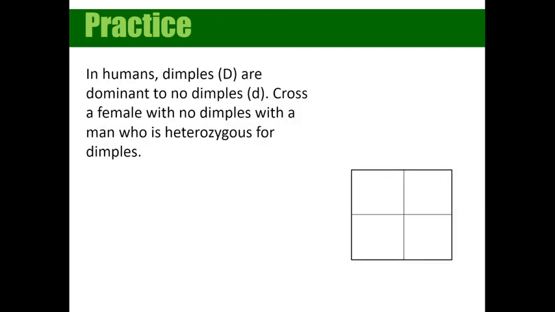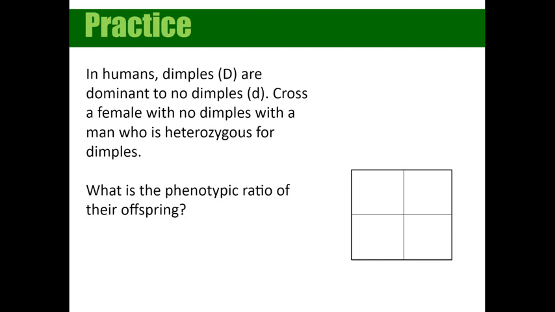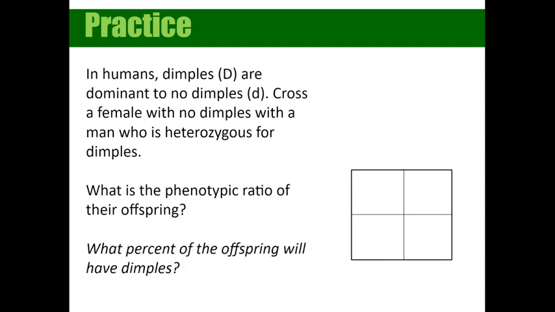Now, in humans, dimples are dominant to no dimples. So dimples is a capital D, while no dimples is a little d. So cross a female with no dimples with a man who is heterozygous for dimples. Tell me what is the phenotypic ratio of their offspring and what percentage of the offspring will have dimples.